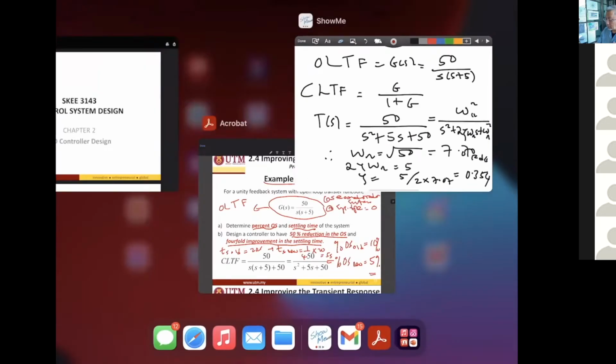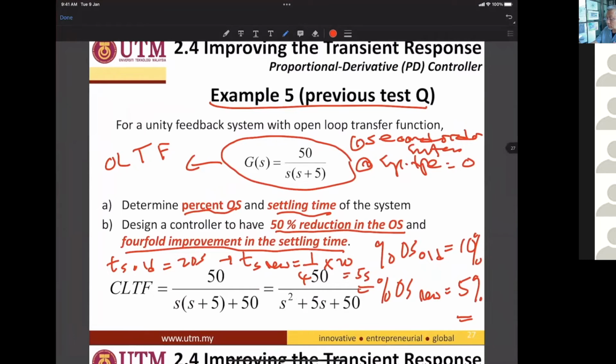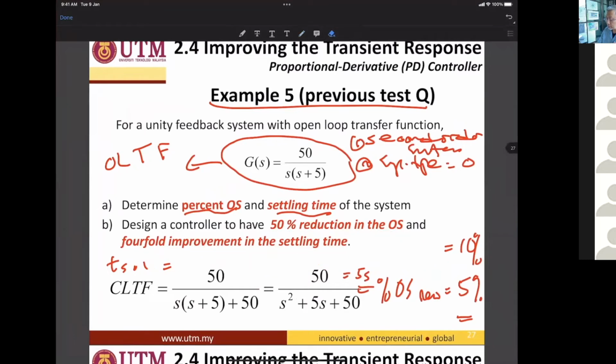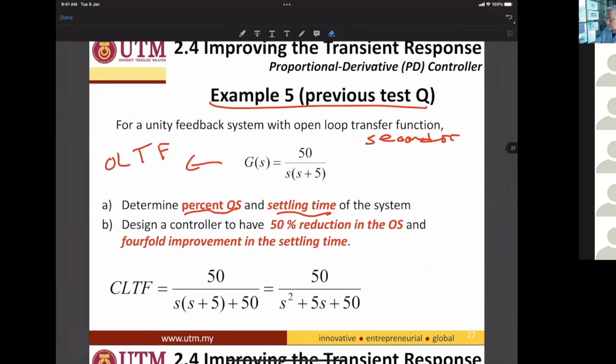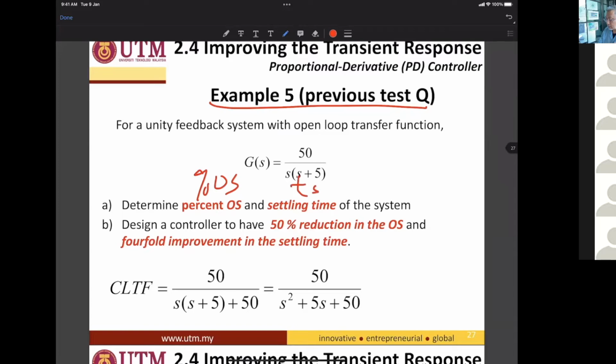Jadi dia suruh apa? Dia suruh determine the percentage overshoot dengan settling time. Okay.